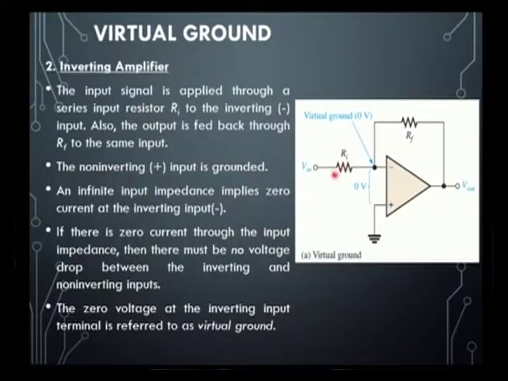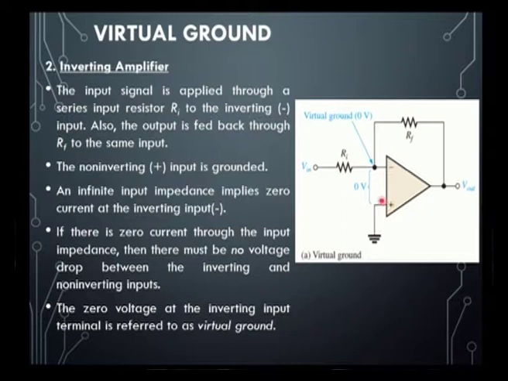The inverting amplifier has RI in series with the input voltage, connected to the inverting terminal, and RF forms the feedback loop, connected from the output terminal to the inverting terminal. The non-inverting terminal is grounded here.